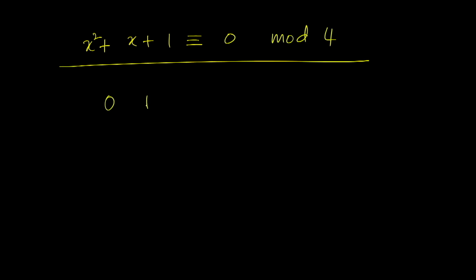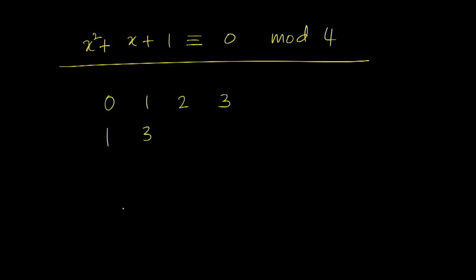Consider another quadratic congruence. Again, we are considering CRS modulo 4. So, we can consider the members of a CRS 0, 1, 2, 3 or members of Z4. Then when you plug in these values for x, from 0 you get 1, from 1 you get 1 plus 1, which is 3.